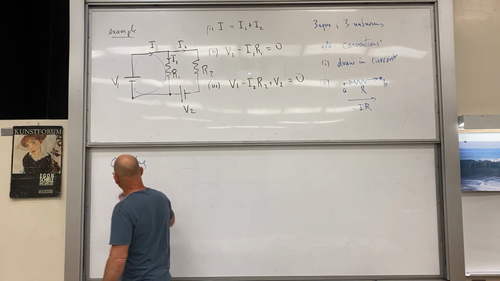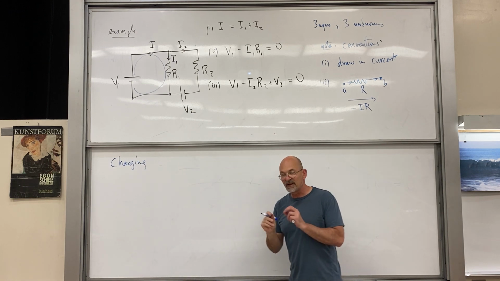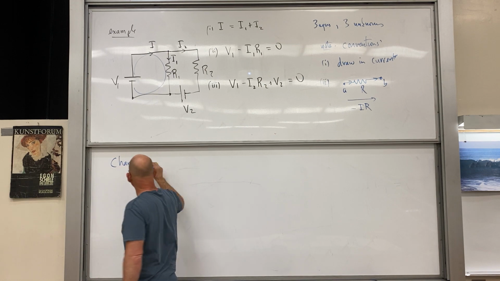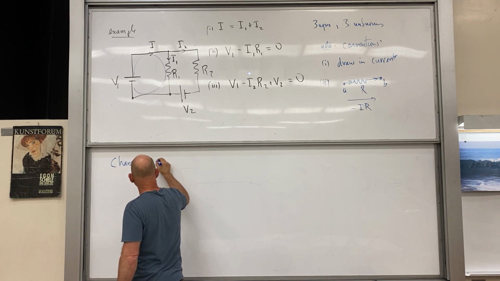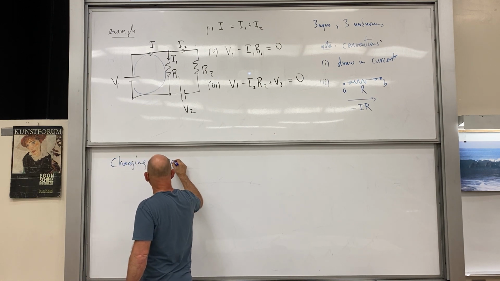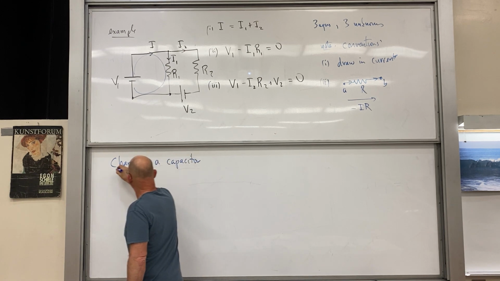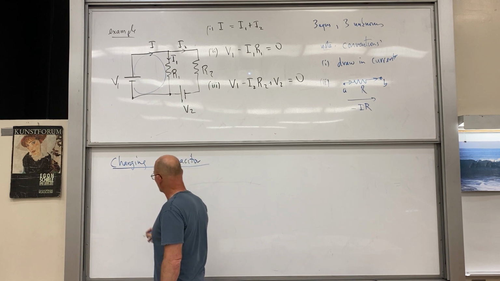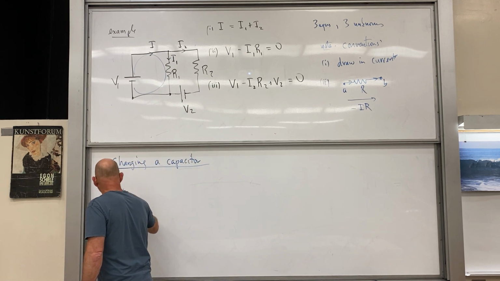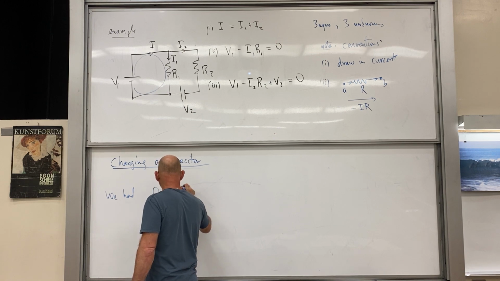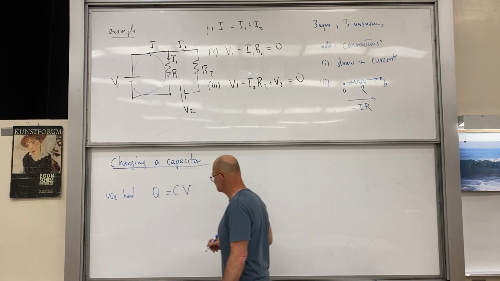But the charging of a capacitor and the discharging takes place over time, and we had just something that did not involve the time. Charging, I'll just start with charging a capacitor. So here's what we had. We had Q equals CV or C delta V.